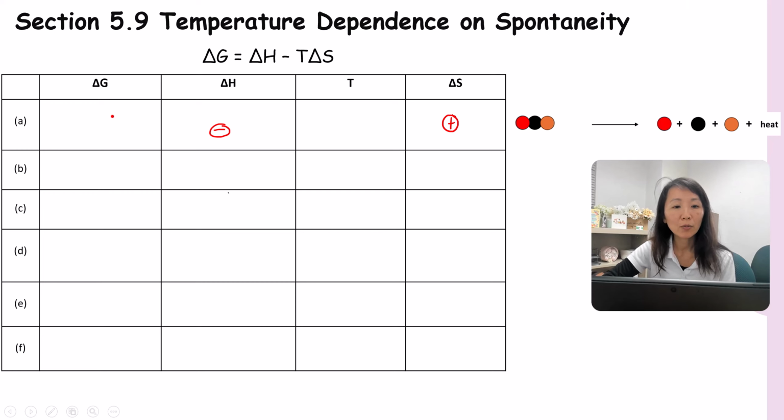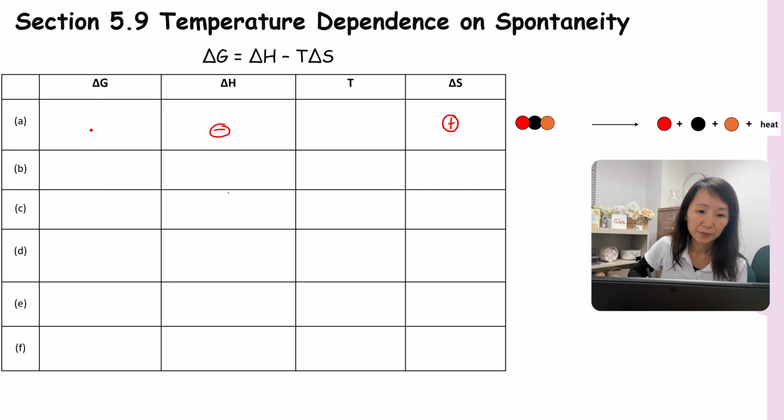Well, then what about delta G? What sign would delta G be? And what temperature? Well, we know that temperature always has to be positive. Having a negative delta H and a positive delta S, no matter what the temperature might be, could be 3, 4, 5,000, even a 0, you'll end up with a negative delta G at all temperatures.